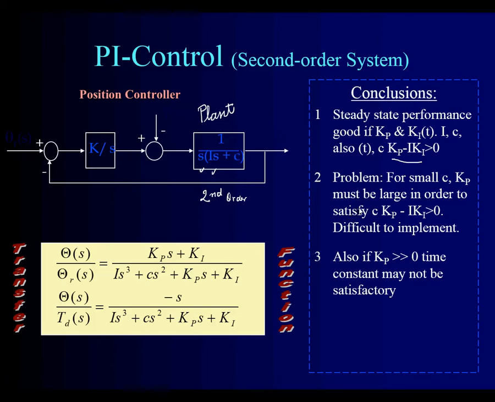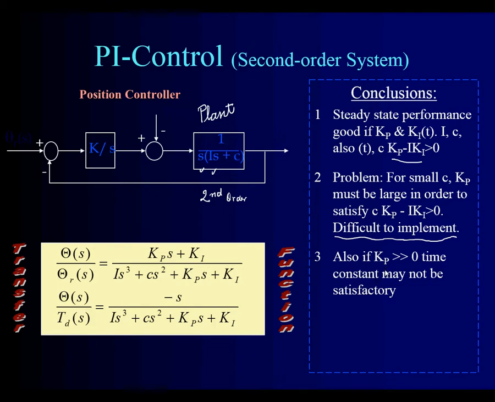Okay, so for a small c, the damping constant in this case, Kp must be large in order to satisfy this condition. And one conclusion, this kind of control is not so easy to implement.